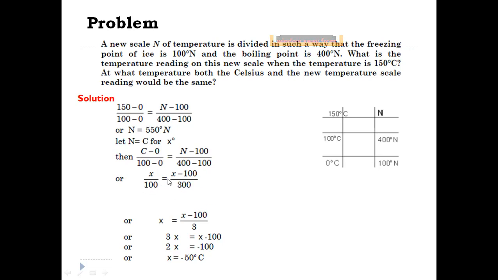So at a particular x, both are equal. Let us assume at a particular x value, both these temperatures are equal, that is C is equal to N, so C and N are replaced with x here. From this, if we calculate the x value, you will get x is equal to minus 50 degrees centigrade. That means the temperature at which both the Celsius and the new temperature scale readings would be the same is minus 50 degrees centigrade.